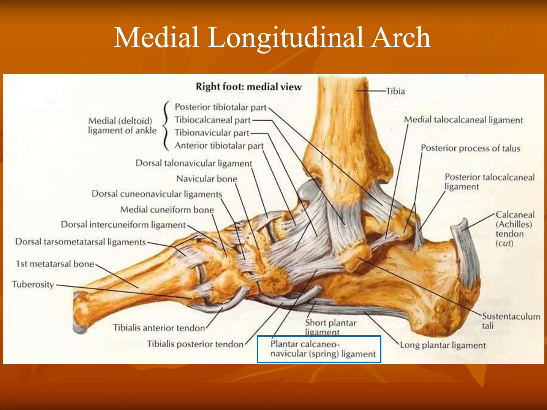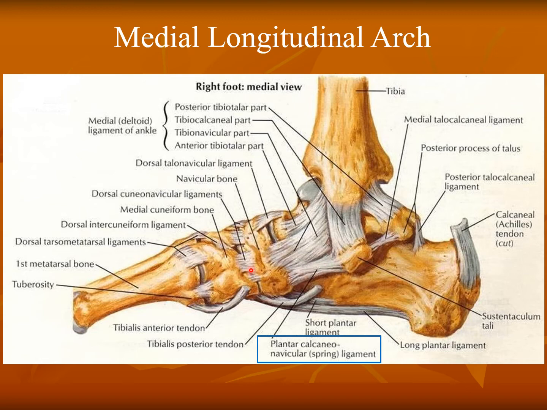So here we can see the long plantar, as you can see, and short plantar, which are connecting different bones together, and even the other ligaments, like you can see over here, cuneonavicular. So all mostly small ligaments which are connecting the bones, they are acting as staples.